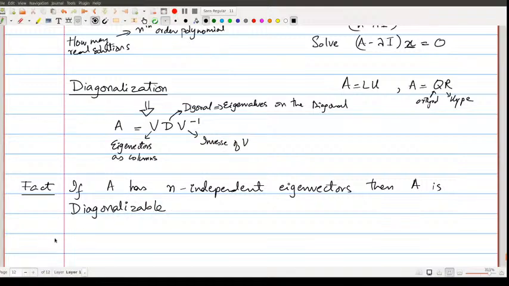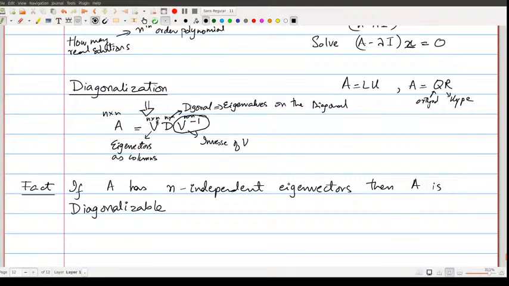And you could perhaps see the reason for it. The reason for this fact lies within this statement VDV inverse. See, we're assuming that V inverse exists. And V inverse can only exist if V is non-singular. And one of the ways V is non-singular is to say that the columns are independent. So if A is an n by n matrix, then all of these are just, by the way, n by n matrices.